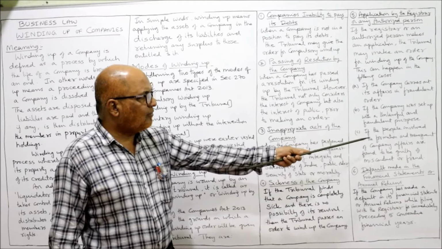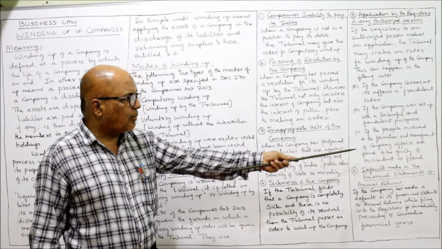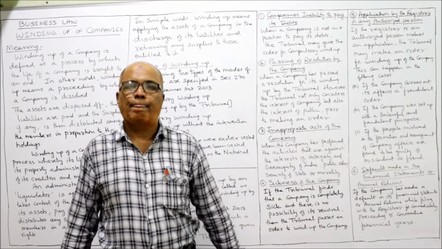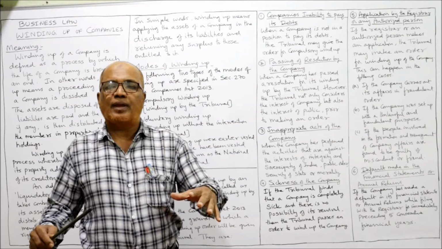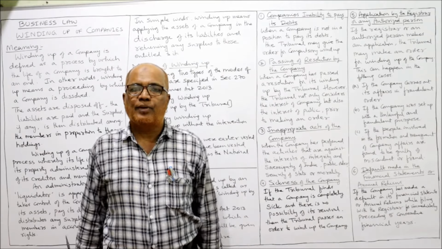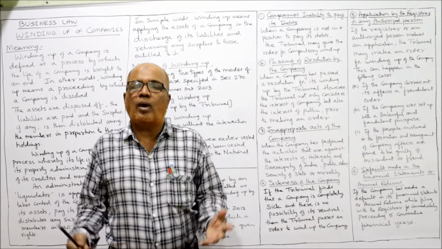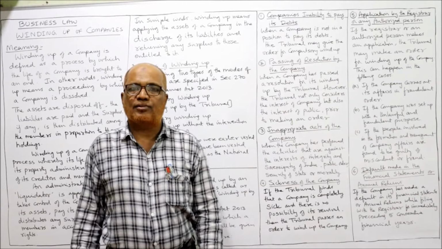If the people involved in the formation and management of the company's affairs are found guilty of misconduct or fraud. Who will manage the company? Directors.